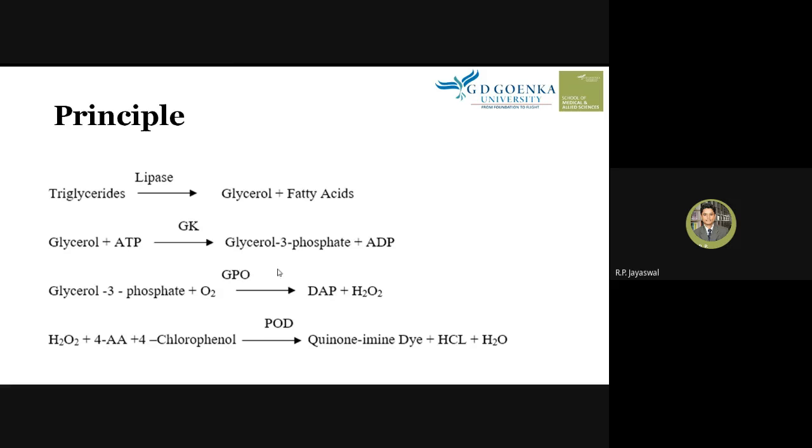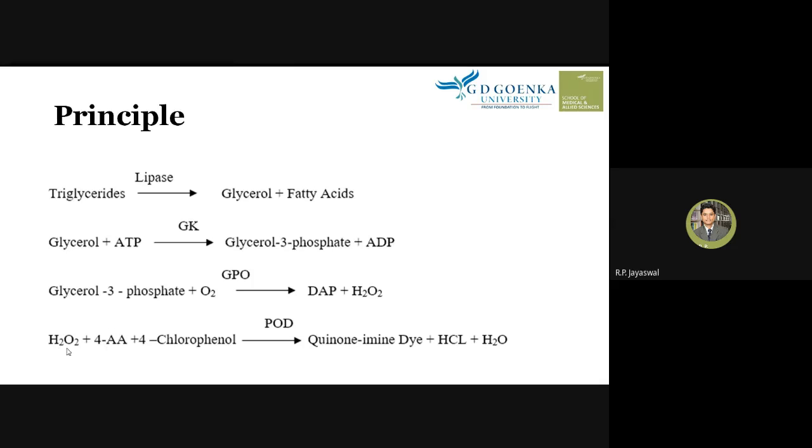This reaction is catalyzed by glycerol phosphate oxidase, GPO. Glycerol phosphate oxidase oxidizes glycerol 3-phosphate to DAP. DAP stands for, again I am saying, D for dihydroxy, A for acetone, P for phosphate. And we get H2O2, hydrogen peroxide. Now the hydrogen peroxide H2O2 produced in the third reaction will participate in the fourth reaction.